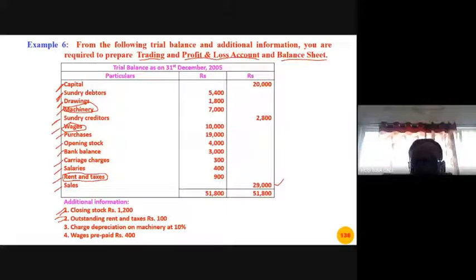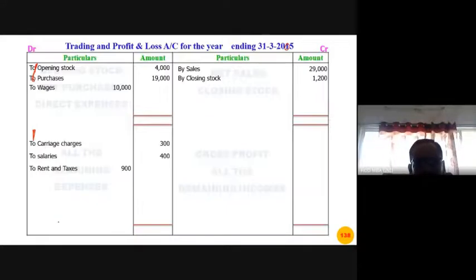Okay, now let us go to the profit and loss account. See, rent we have shown in the inner column on the debit side of the profit and loss account. Now here we have to add the outstanding. Outstanding how much? 100 rupees. See, actually paid 900, still 100 rupees is to be paid. Total 1000 rupees rent belongs to this financial year.